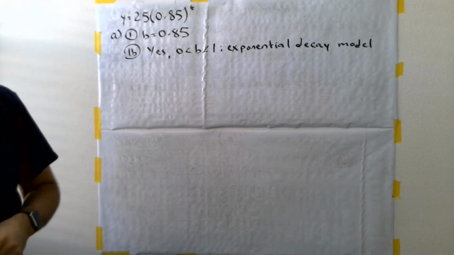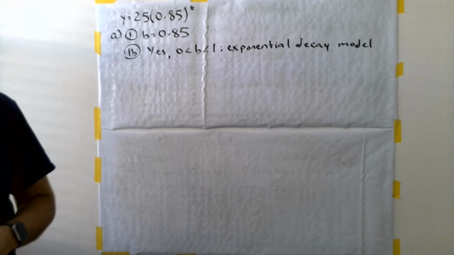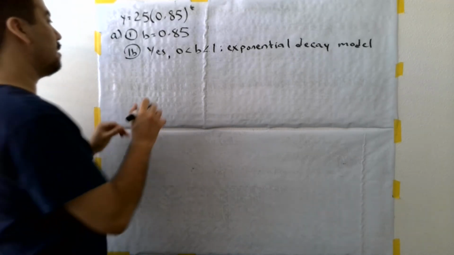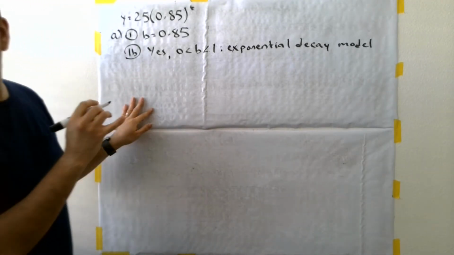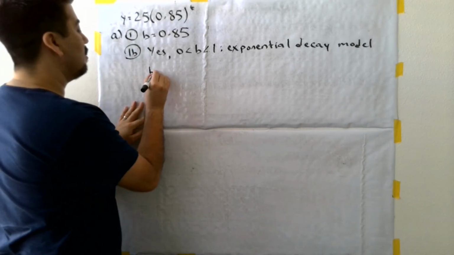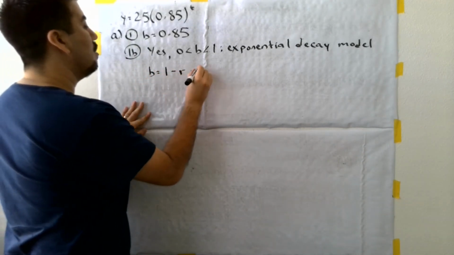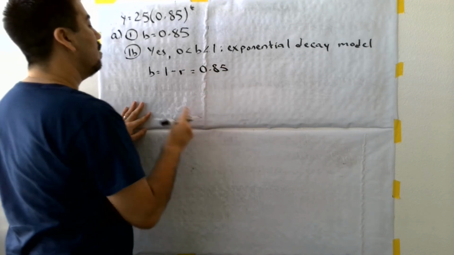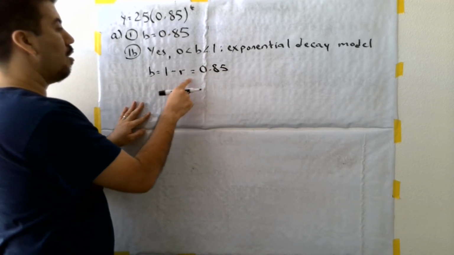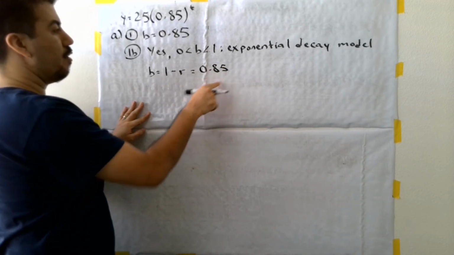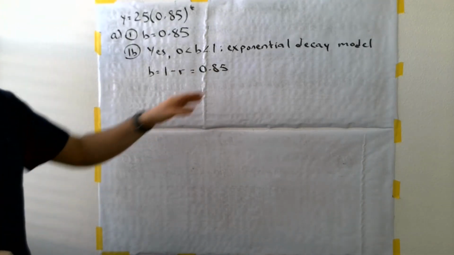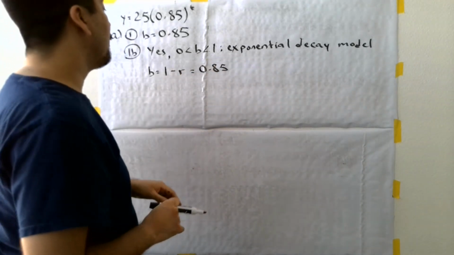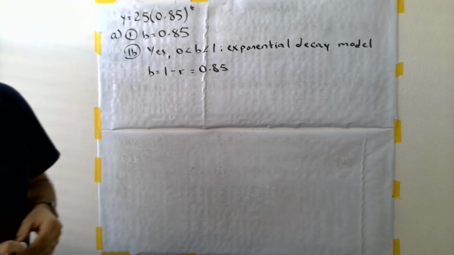Now it says change b to 1 minus r. So I'm going to write it as such: b becomes 1 minus r, and it's equal to 0.85. That comes from the exponential decay model, which we're going to bring up right now.